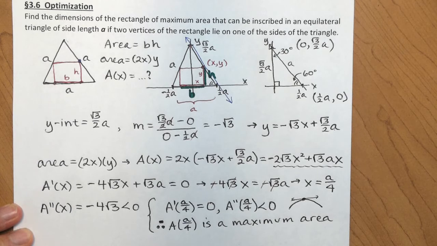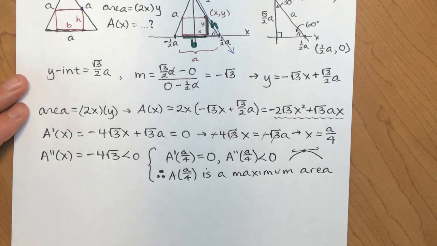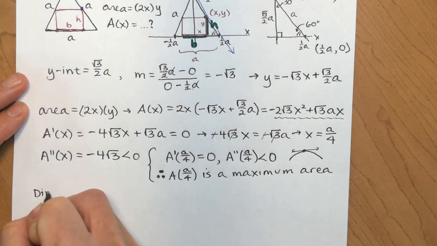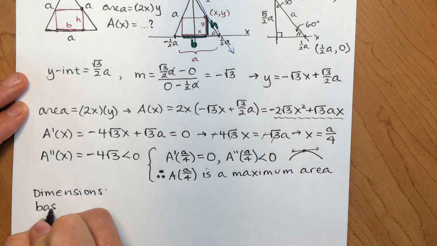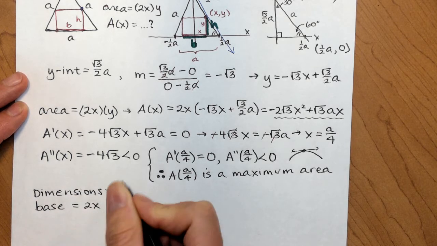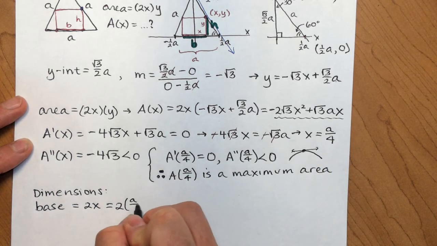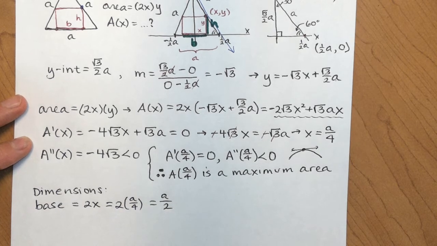Okay, so I've justified that I have a maximum, and going back to what the original question was asking, the original question is asking for the dimensions of this rectangle, and we're going to write those dimensions in terms of a. So the dimensions of the rectangle are base and height. Base, we said the base is 2x, which is 2 times the x value we have, a over 4, which is a over 2 when I multiply that together.